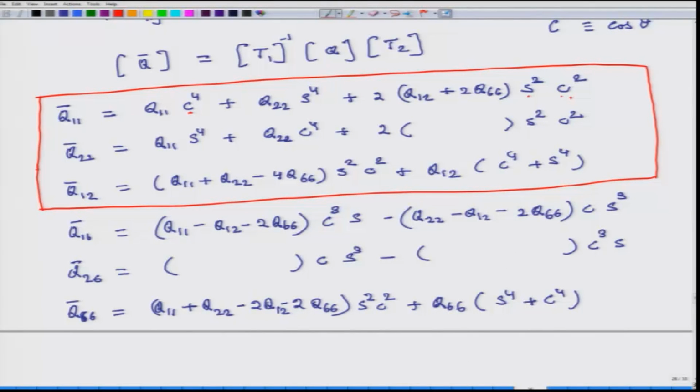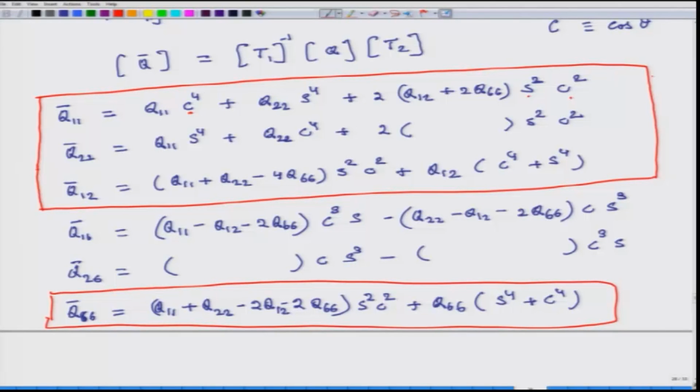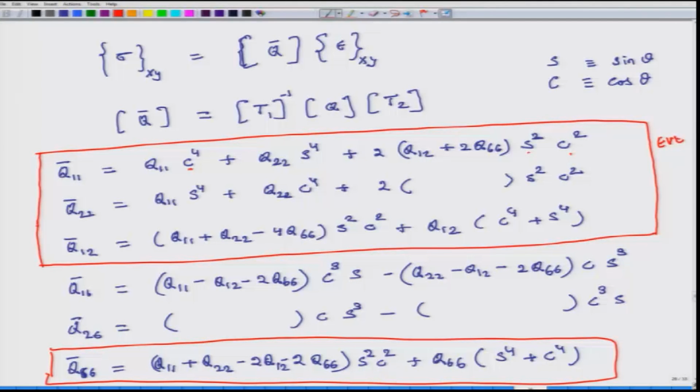The same is also true for Q66 bar. So, if theta is 30 degrees and in the other case it is minus 30 degrees, the values of Q11 bar, Q22 bar, Q12 bar and Q66 bar do not change, they remain the same. So, these are even functions of theta.